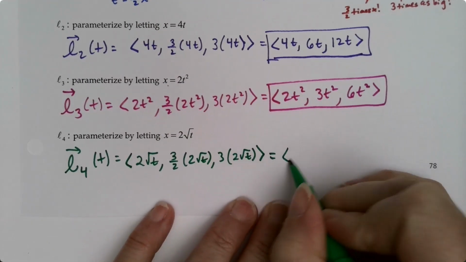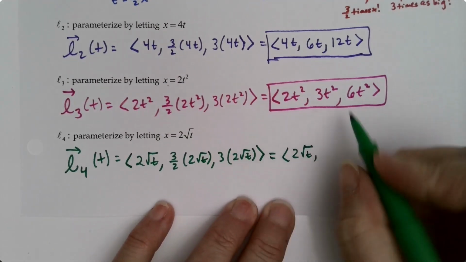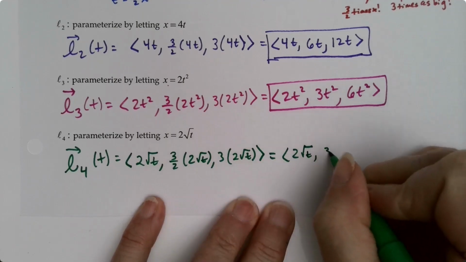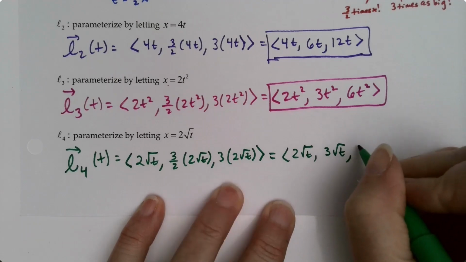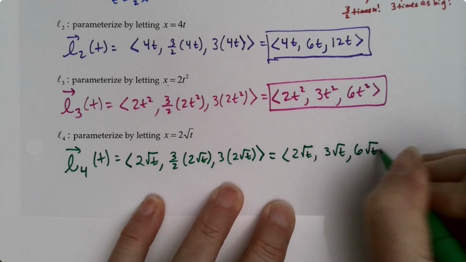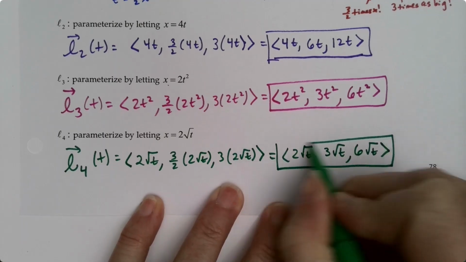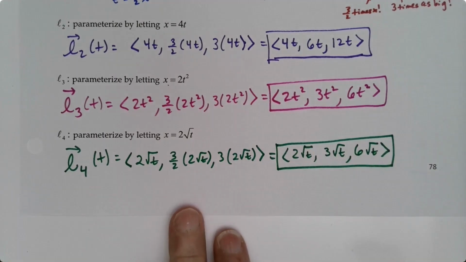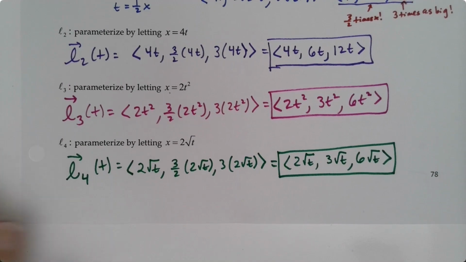Okay, so that's 2 square root of t. 2 goes into 2 once, so 3 square root of t, and then 6 square root of t. There we go.